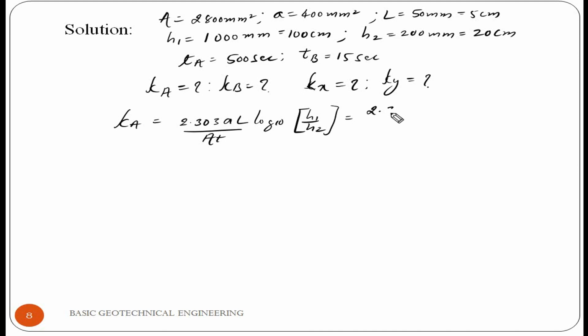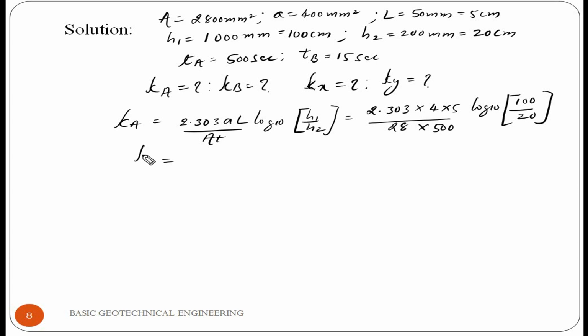So here 2.303 into 4 into 5, the length, divided by 28 into 500 seconds, then log to the base 10 of H1 and H2, 100 divided by 20.